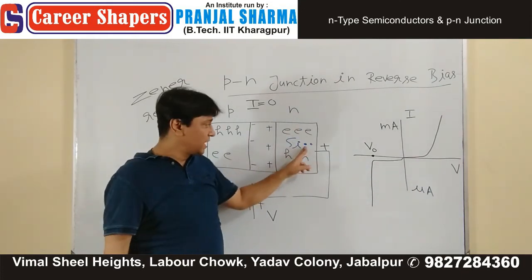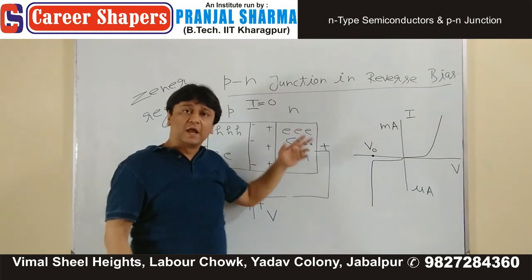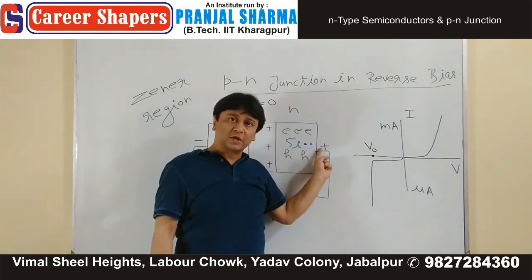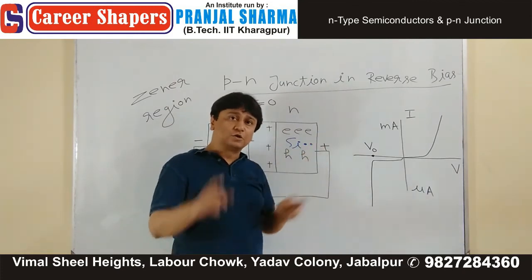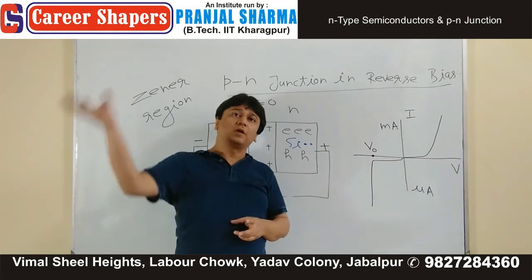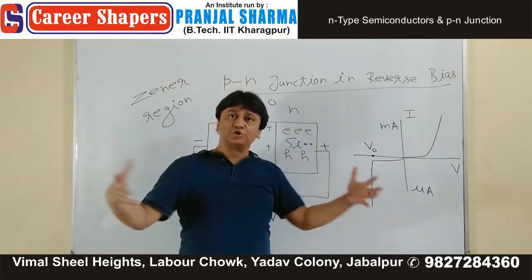These moving electrons now collide with other electrons. They now break the bonds. The colliding electrons are breaking what? Bonds. And when they break bonds, you further create what? Additional electrons. So there is an avalanche of electrons.